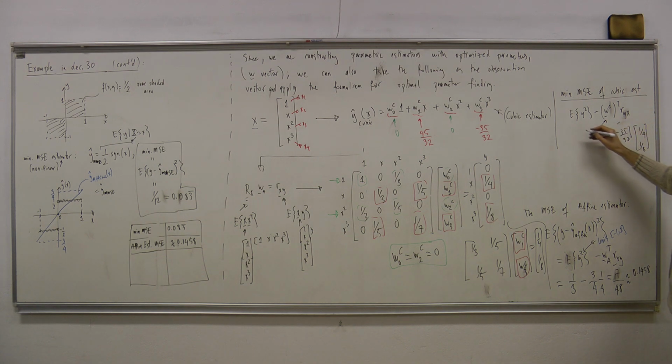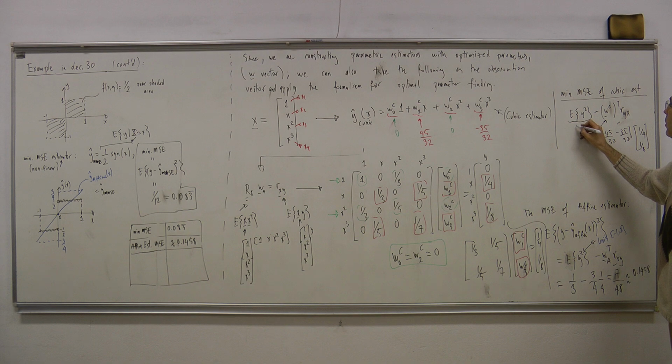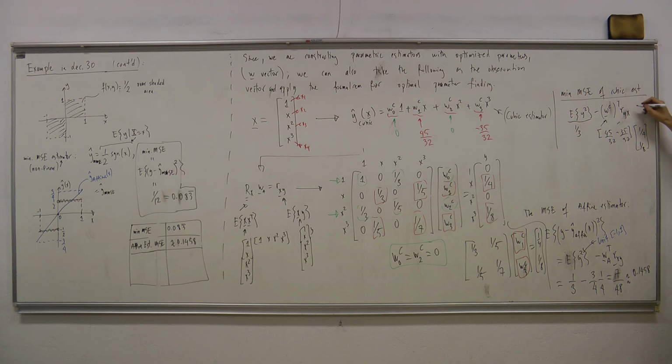If you calculate this, this is equal to 1/3, as before, minus this term. So this is equal to 91 over 256 times 3. Something like that, a strange number.